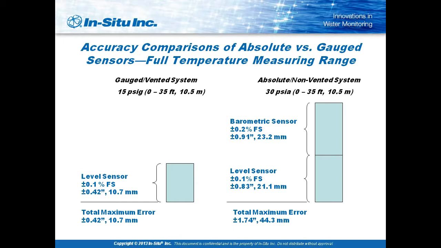Additionally, of course, you then have to barometrically compensate, and that particular sensor is going to have its own inaccuracy. So as you can see in this particular instance, you can be anywhere from 2 to 4 times as inaccurate with an absolute sensor as a gauge sensor. This doesn't make any difference if I've got a lot of head and I'm trying to control a pump or something of that nature; I probably don't need those really tight accuracies.